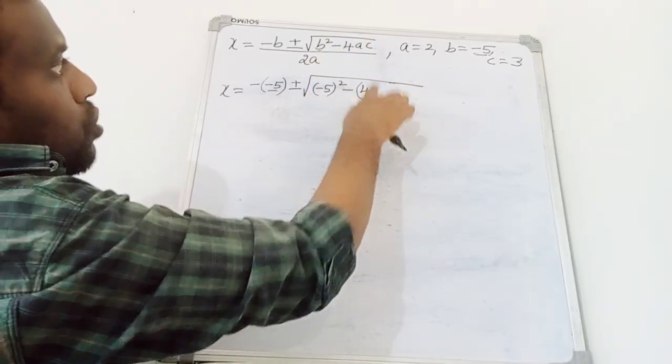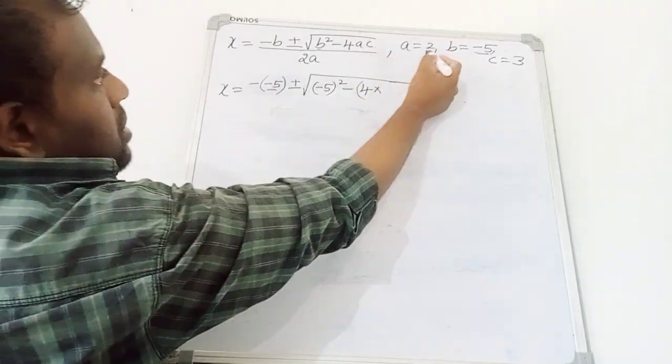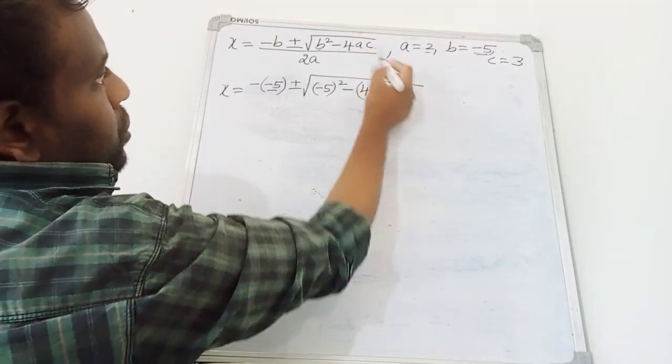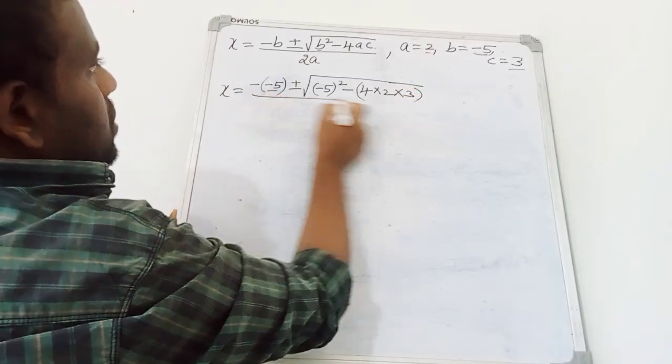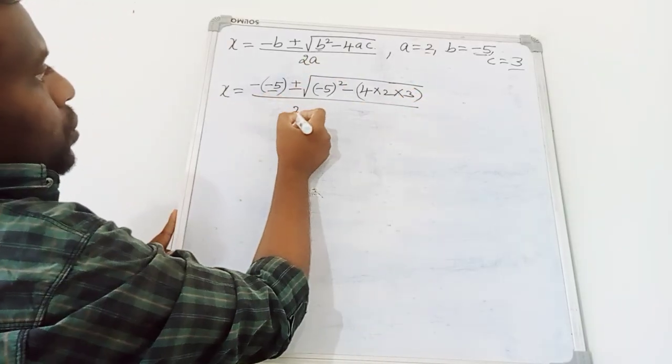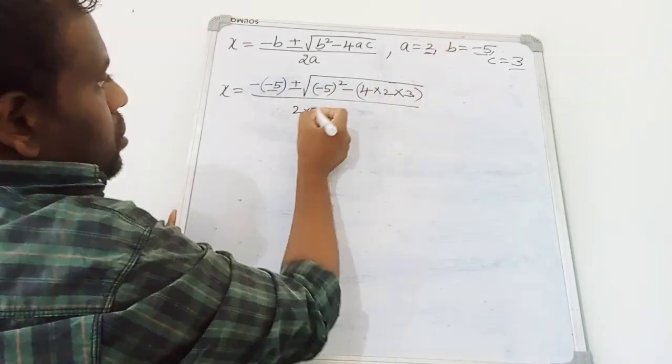So bracket 4, into a, which is 2, into c, which is 3. Then 2a means 2 into 2.